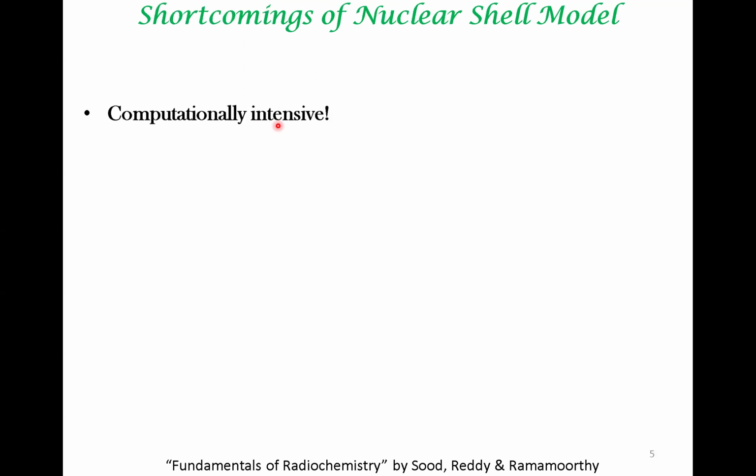You might have heard in electronic structure of something called the Hartree-Fock approximation, the density functional approximation. Similar models do exist for nuclear shell structure also. You have the Hartree-Fock approximation. In the last couple of decades, density functional approximations have also been utilized. However, making it more quantitative is not that easy.